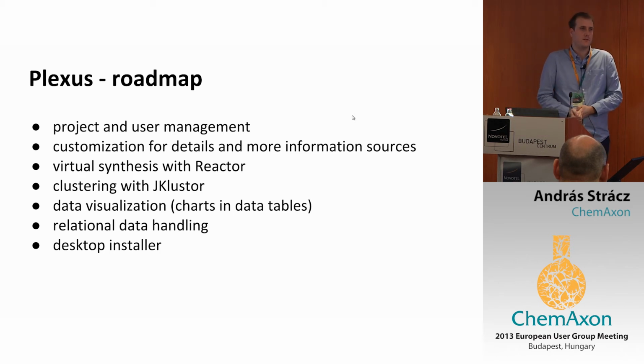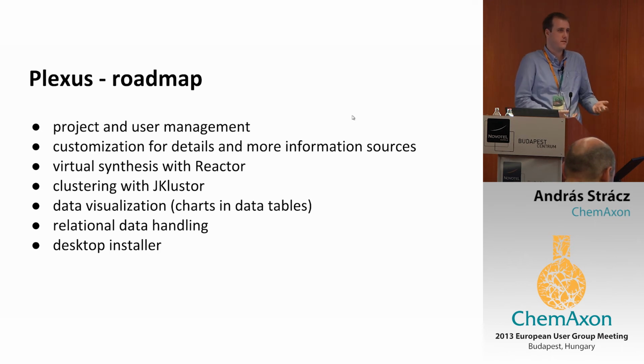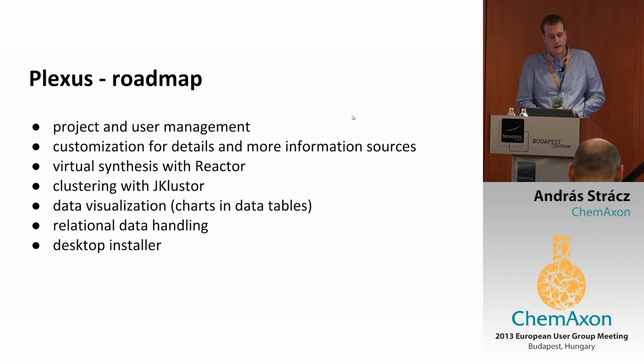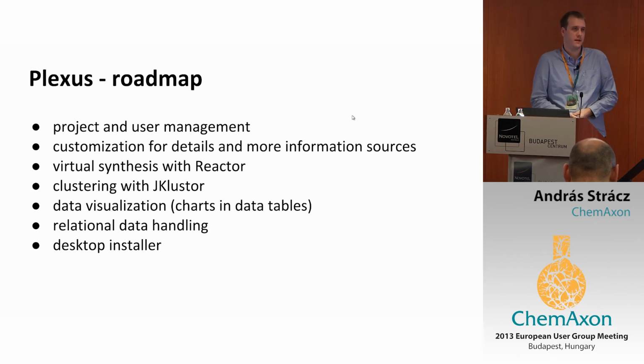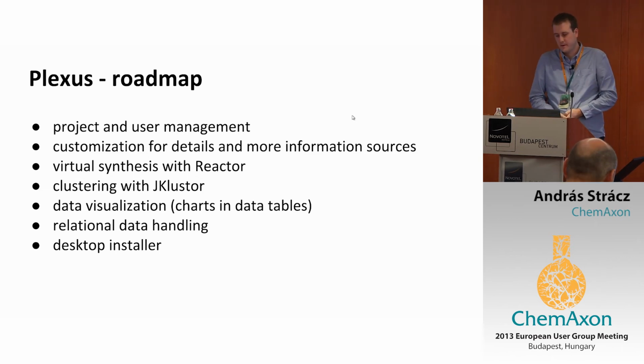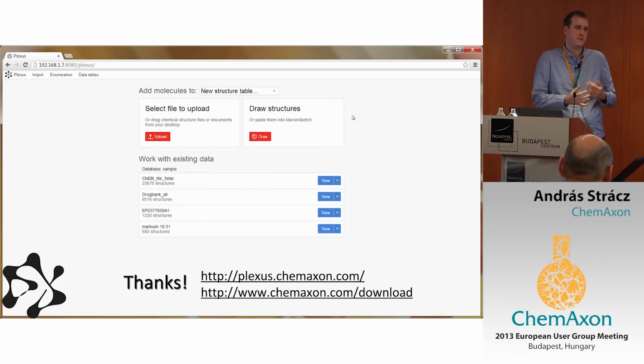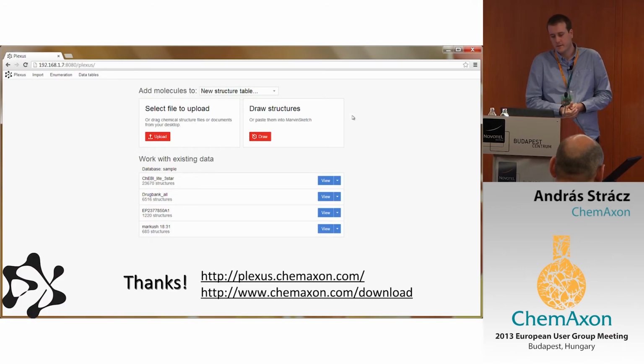Then we're also looking into adding more of the ChemAxon tools for discovery, such as virtual synthesis with Reactor, clustering with JCluster, data visualization in the charts, that's going to be a big one, and of course some useful stuff like relation data handling and an actual desktop installer, because for now we only have the server installer, and this is something that you can download and try out today.